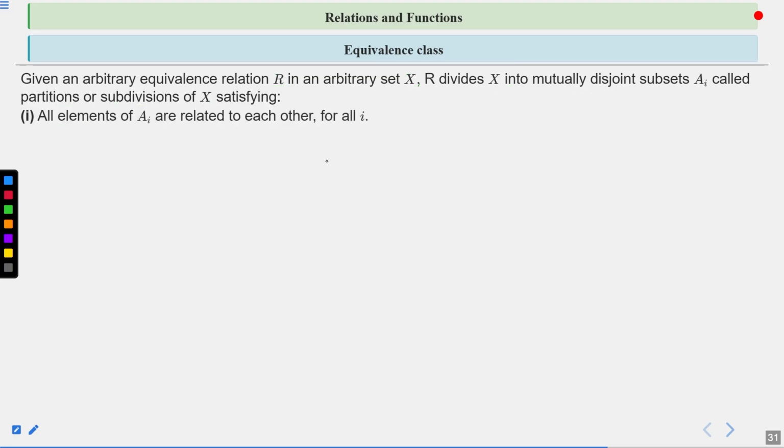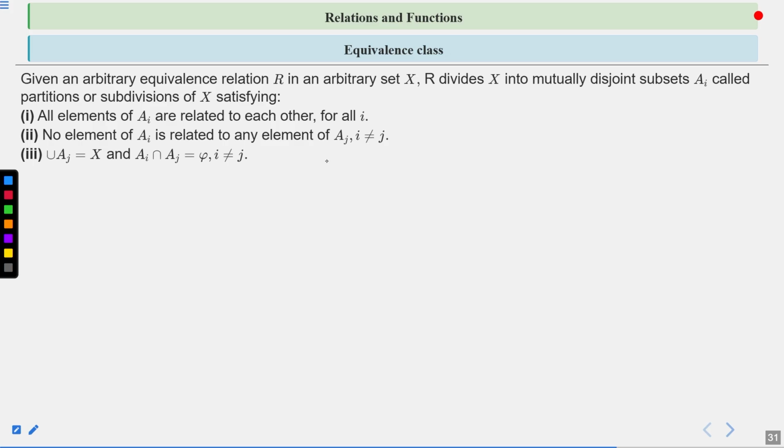First, all elements of Ai are related to each other. Second, no element of Ai is related to any element of Aj where i is not equal to j. And third, the union of all Ai will be X. Also, the intersection must be the empty set phi. Clear?